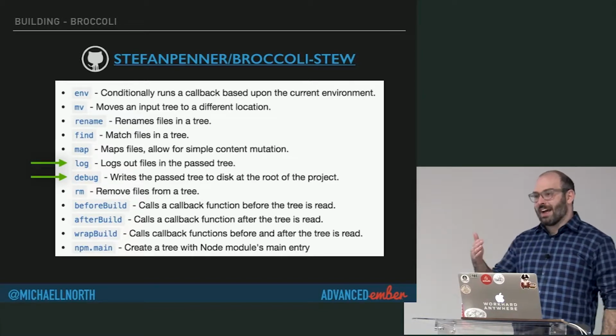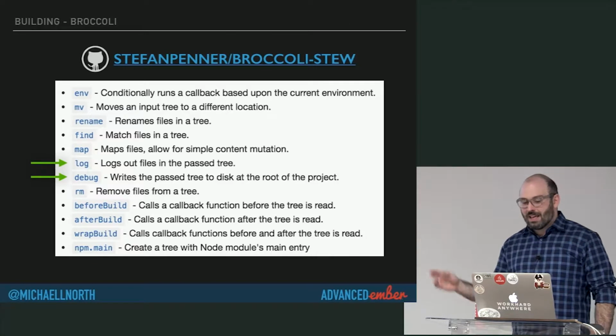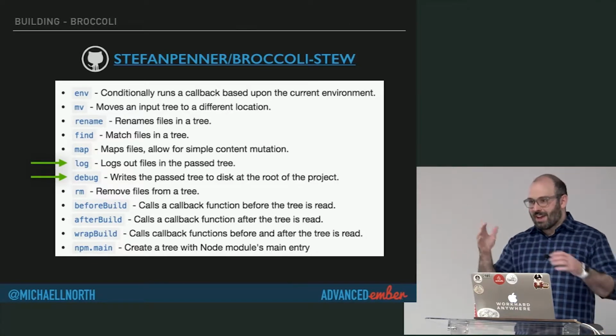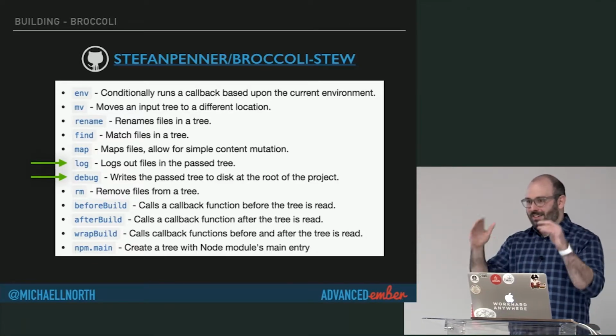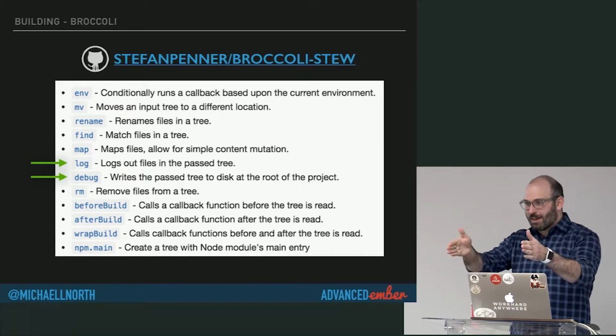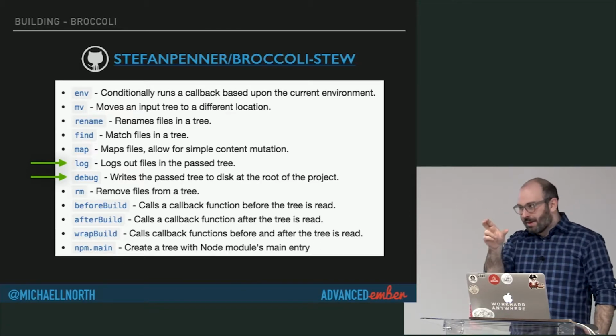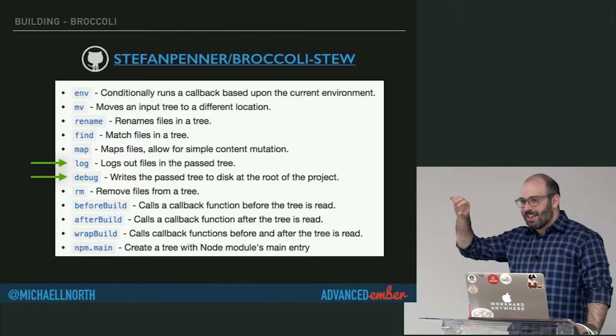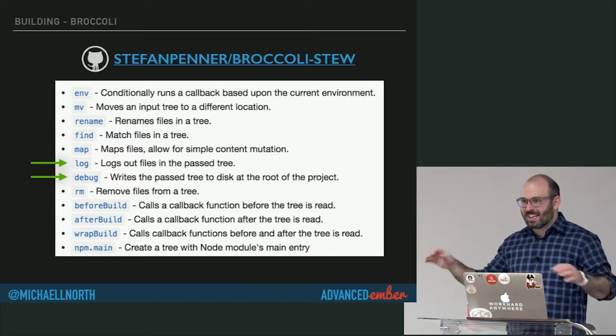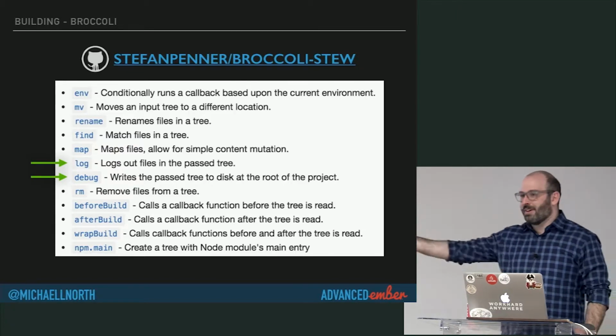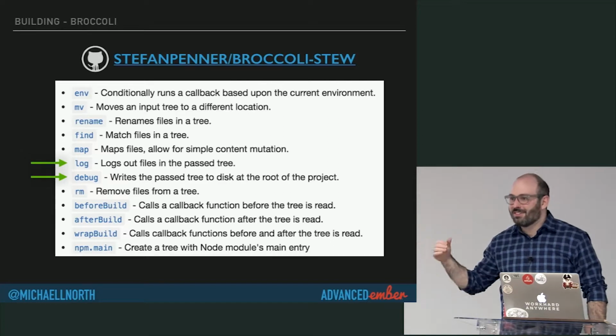Log prints stuff out to your console. Debug will, at whatever point in the pipeline you hit this debug piece, essentially write out the contents of the tree, the contents of your build, to a folder of your choosing.